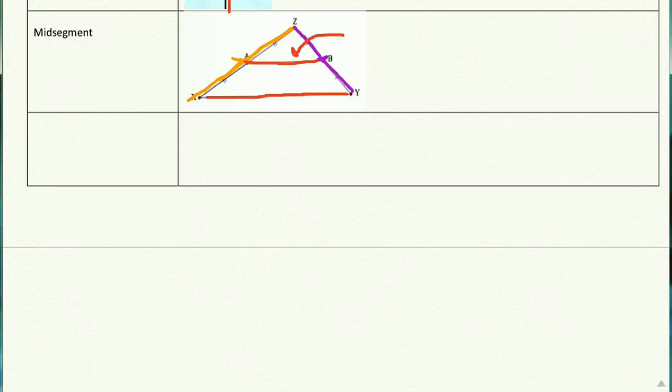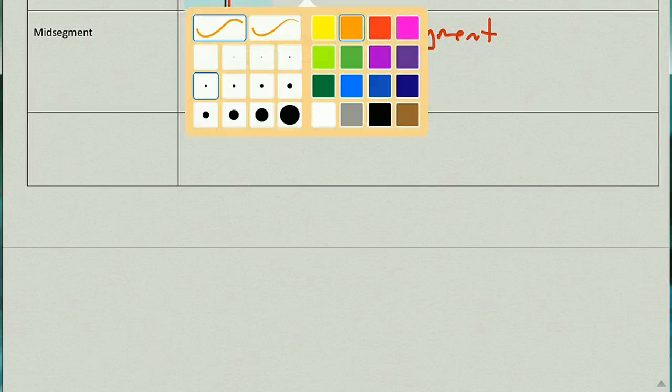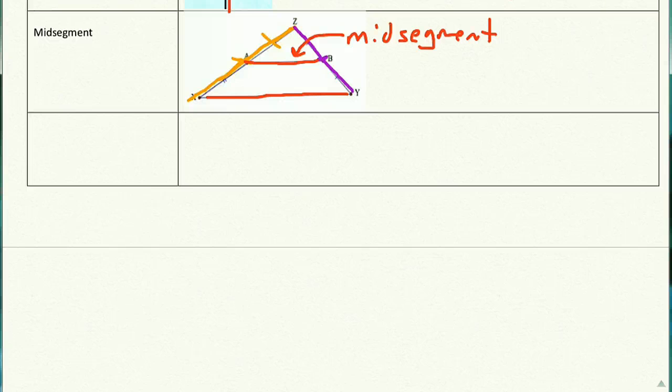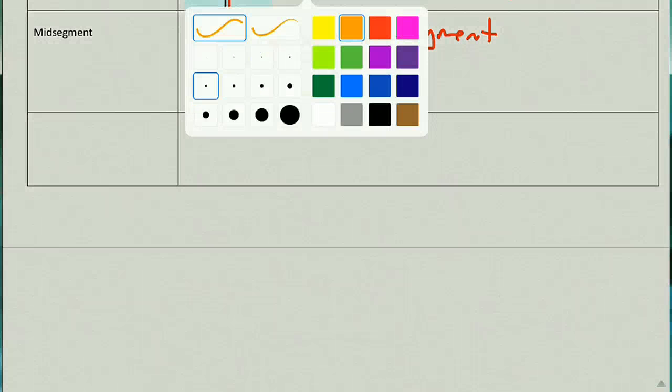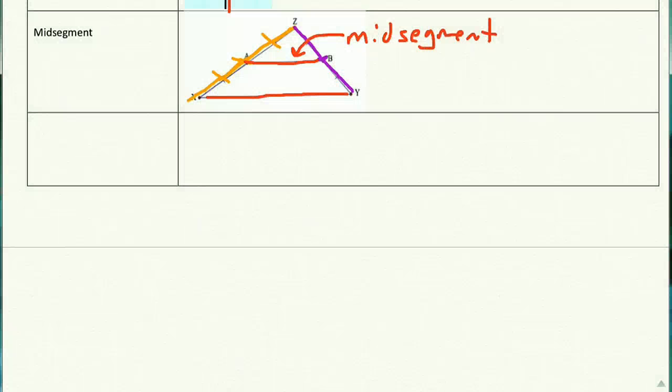So this right here is the mid-segment. Again, what's cool is this gets split into equal pieces with the other side also getting split into equal pieces.